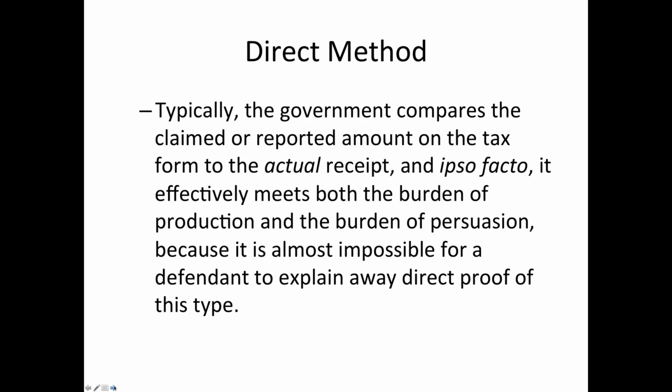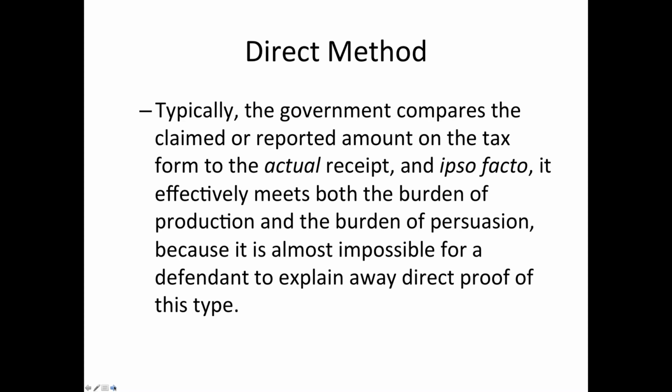Typically, what the government will do in these cases is compare the claimed or reported amount on the tax form to the actual receipt. And ipso facto, it effectively meets both the burden of production and the burden of persuasion, because it's almost impossible for a defendant to explain away direct proof of this type.